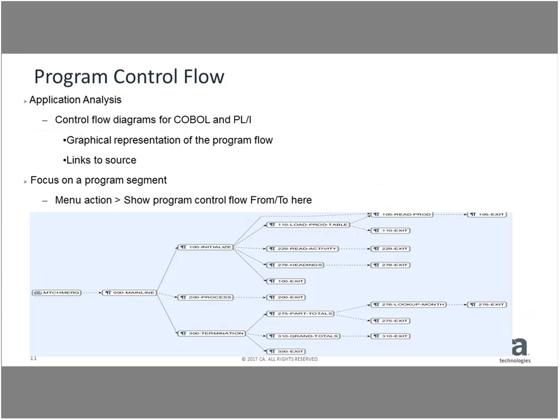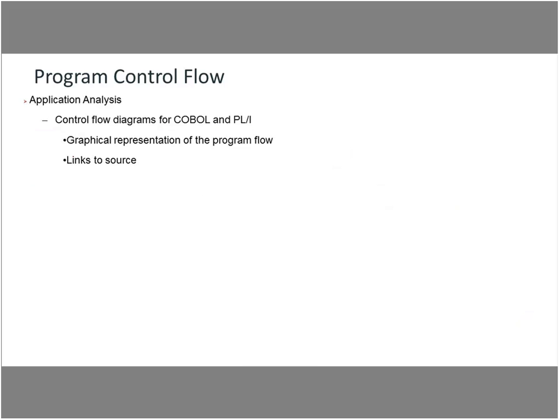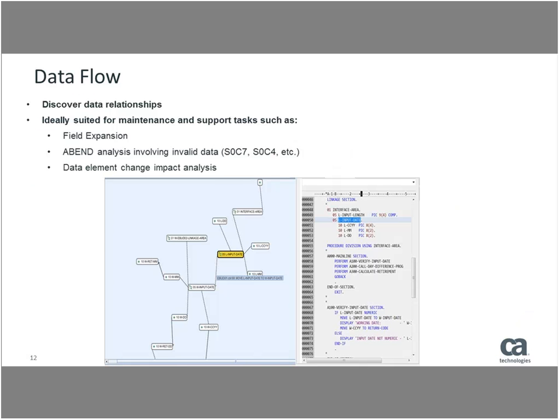You can click anywhere in the program control flow, and it will immediately take you to your source program to the respective place where you can see the code. There is also a data flow, so you can see how the data is flowing through the source you are editing.